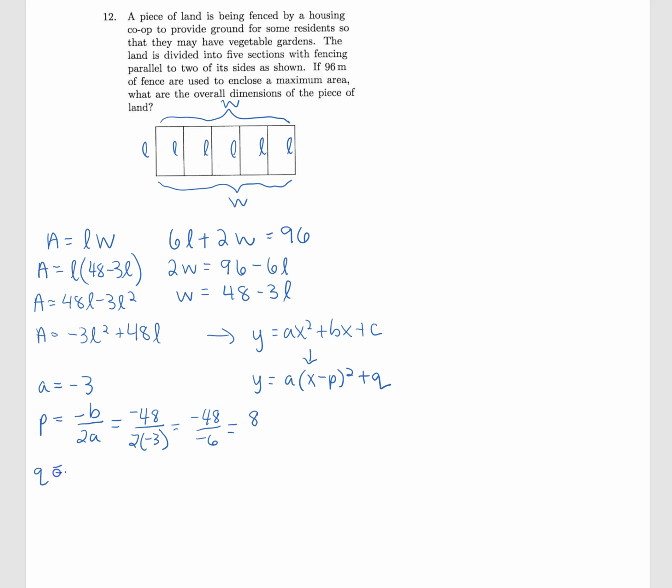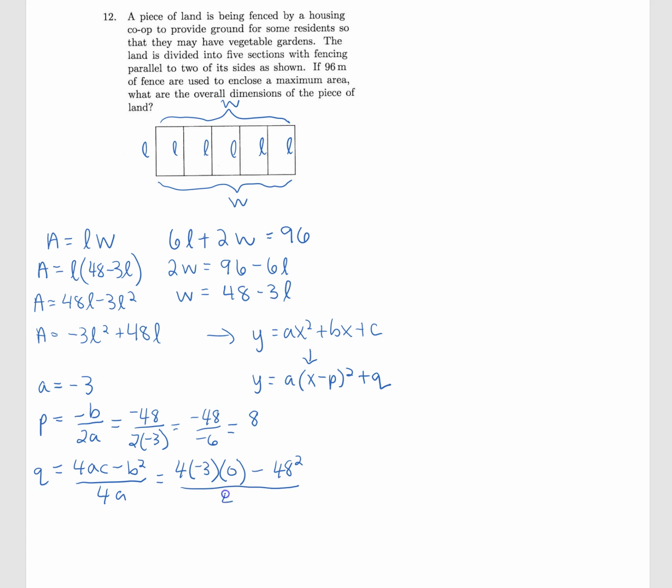And for Q, the equation is Q equals 4AC minus B squared over 4A. So we have 4 times -3, which is our value for A. And C in this case is 0, because we don't have a term here that doesn't have an L in it. So C is 0. And we're subtracting B squared. B again is 48. So that's a 48 squared.